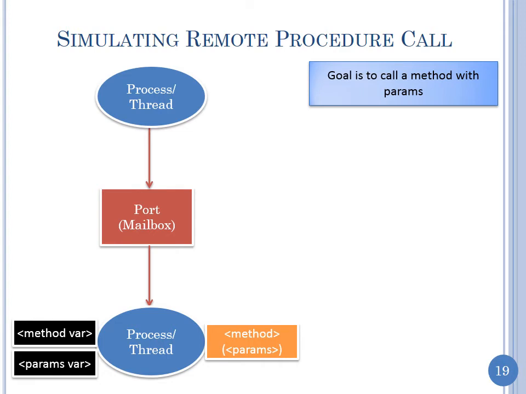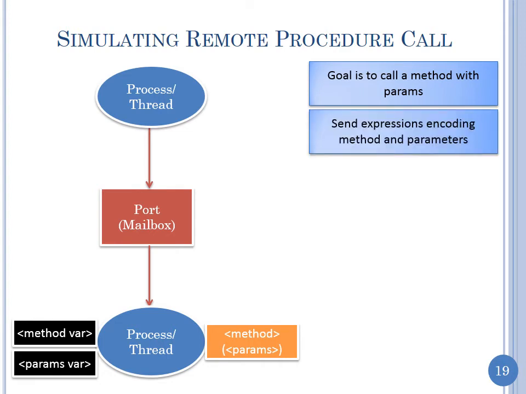So when somebody wants to invoke a procedure call, they're going to send expressions. That's what we can send, but what we really want to send at a higher level is a procedure call. So we'll send the method and parameters as separate messages, separate expressions, not as one expression to be put in one item of the queue.